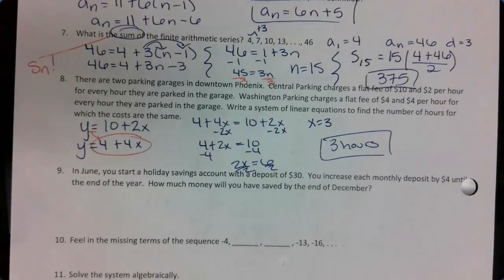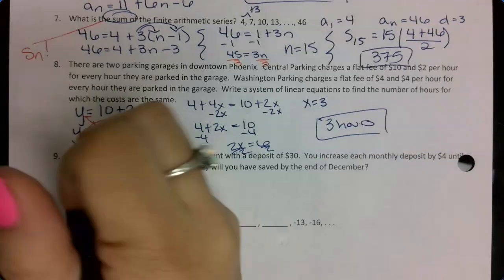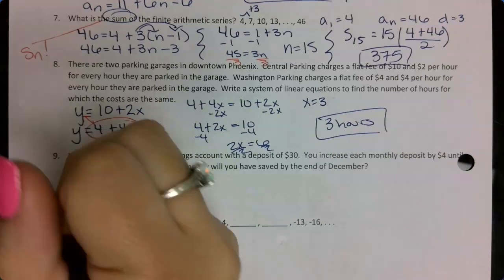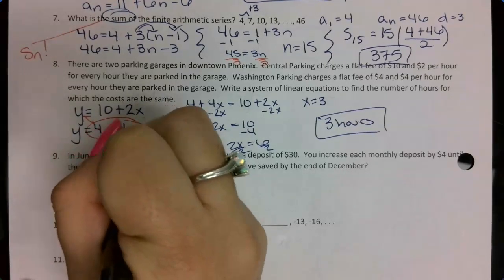Practice is good. Number 9 says in June you start a holiday savings account with a deposit of $30. You increase each monthly deposit by $4 until the end of the year. How much money will you have saved by December? So, what I want to do here is my equation is y equals 30 plus 4x.